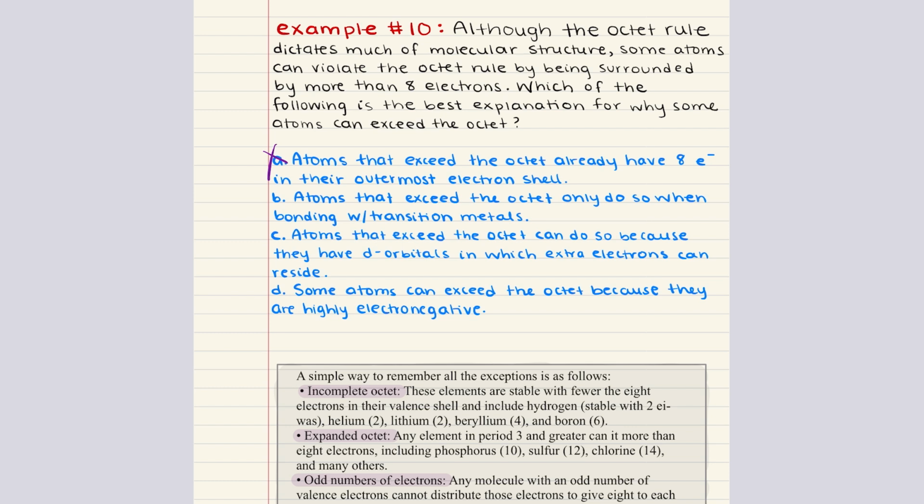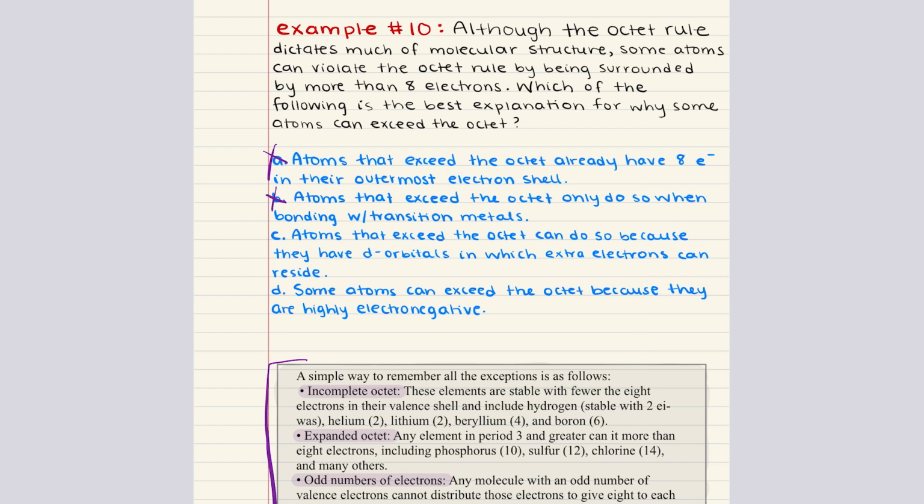Now, the statement isn't entirely accurate. While transition metals themselves often have more than 8 electrons due to their d orbitals, non-transition metals like sulfur, phosphorus, and chlorine can also exceed the octet rule without bonding to transition metals. We've discussed this already in this video and in the lecture video when we went over some of the exception rules for the octet principle. So B is not correct.